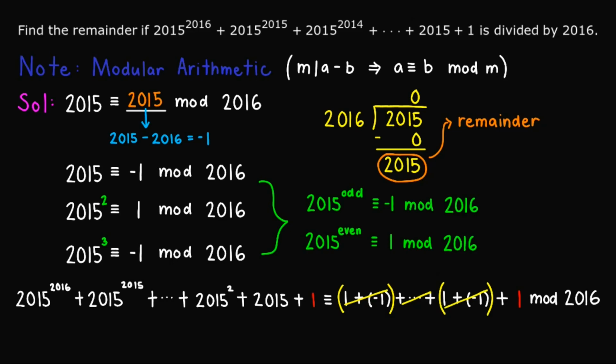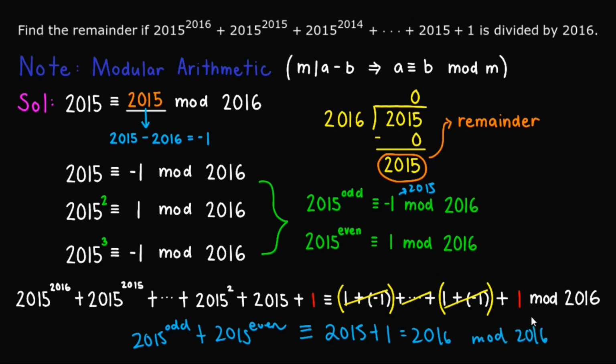Just to take note that it might confuse you, like, why do we have negative values out here? But take note that the same idea applies, since if we treat this as 2015, so we have 2015 raised to an odd value plus 2015 raised to even is congruent to 2015 plus 1, which we know to be equal to 2016.